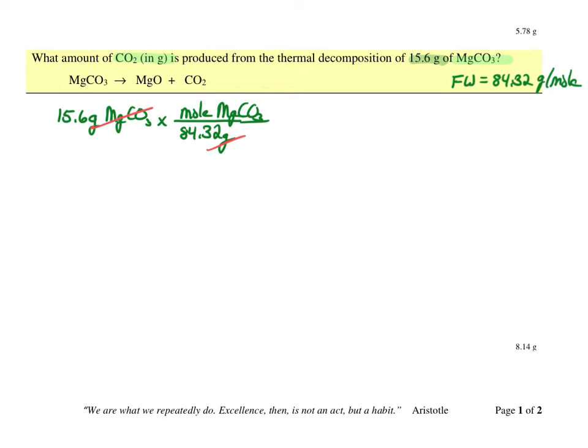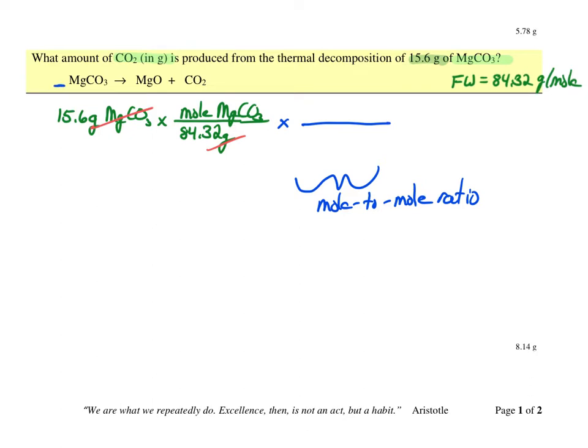Now that we have moles of our magnesium carbonate, we're going to need a mole-to-mole ratio from our balanced chemical equation. This is the easy one.